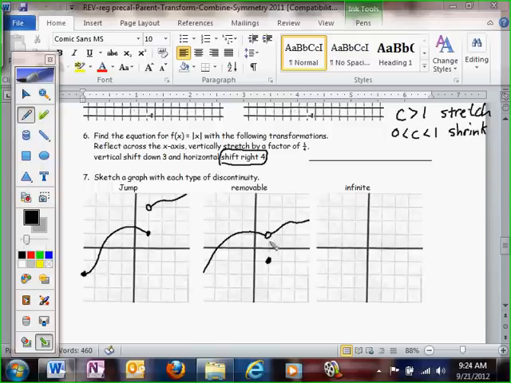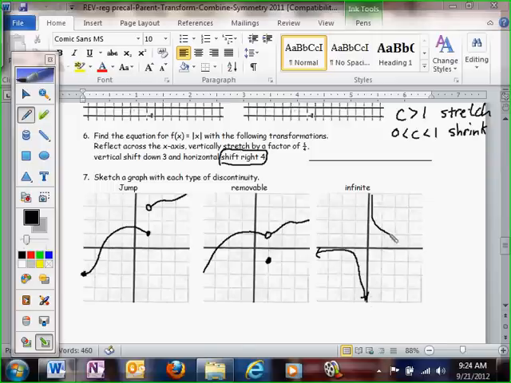There's a break. But because this point remains on the vertical line where that point is not existing, we can actually plug it back in, and you can remove this discontinuity. This is removable.